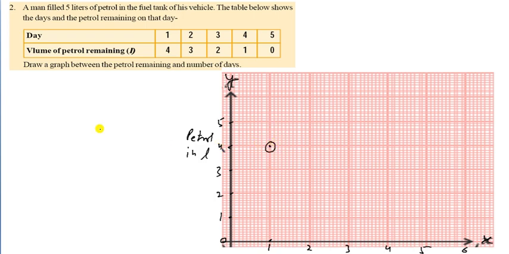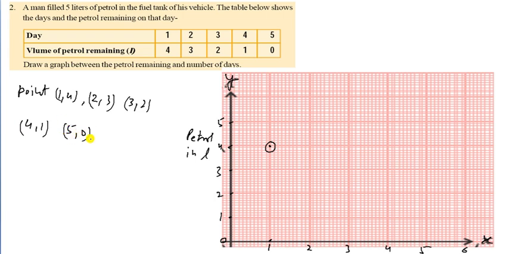You can do here. So you can write the points. Point is 1, 4, and second is 2, 3, and third is 3, 2, and fourth is 4, 1, and the last, that is 5, 0. So here is first, you can write here, it is 1, 4, and second is here, it is 2, 3, and third one is here, it is 3, 2, and the fourth one is here, it is 4, 1, and the last, it is 5 and 0.